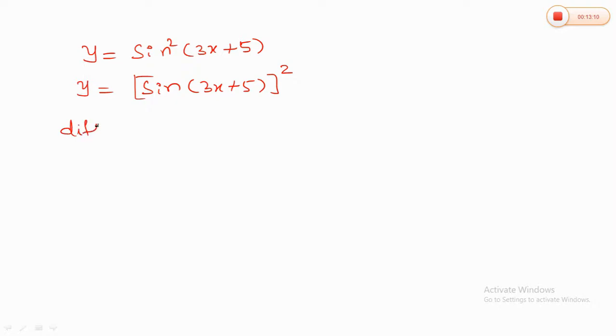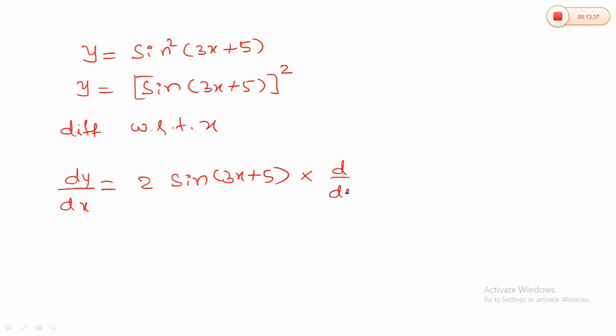So differentiate with respect to x, dy by dx. I will write here, the derivative of f(x) raised to n is n f(x) raised to n minus 1. So that is 2 sine 3x plus 5, n minus 1 is 1. So this into, after finding the derivative of the exponent, find the derivative of sine 3x plus 5.